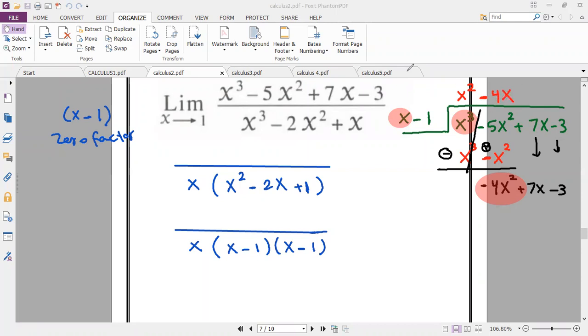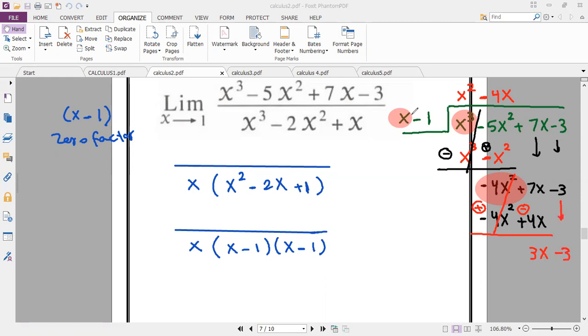Negative 4x multiplied by x is negative 4x squared, and negative 4x multiplied by negative 1 is 4x. Then subtract, change signs. So this one is going to be positive and this one is going to be negative. 4x squared and negative 4x squared cancel out. 7x minus 4x is 3x, then drop negative 3.